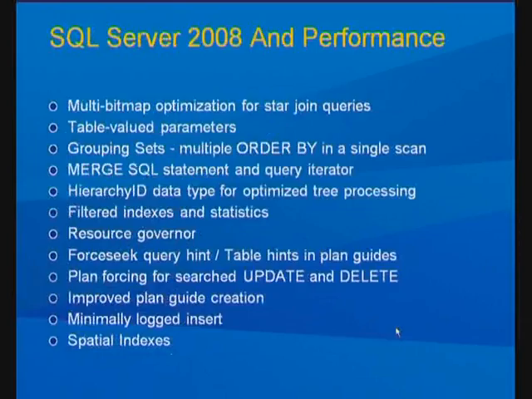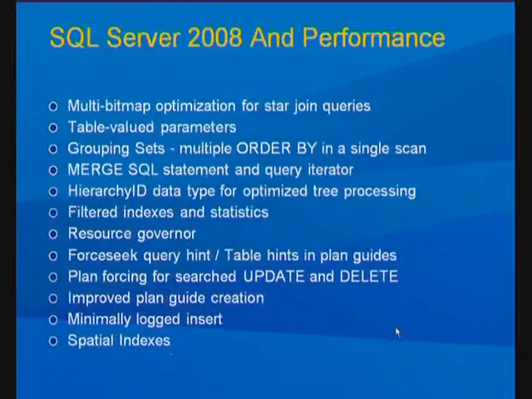The biggest performance enhancement is for the analysis type queries, and this is multi-bitmap optimization for star joins. If you've ever done a big analysis query, you notice that in SQL 2005, you can only have 1 bitmap per query. And a bitmap is similar to what other databases call bitmap index. They make up the bitmaps, though, in SQL Server on the fly.